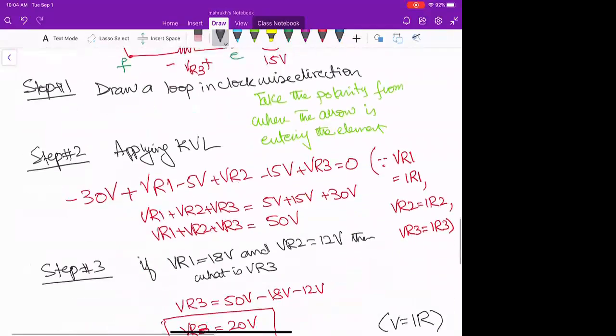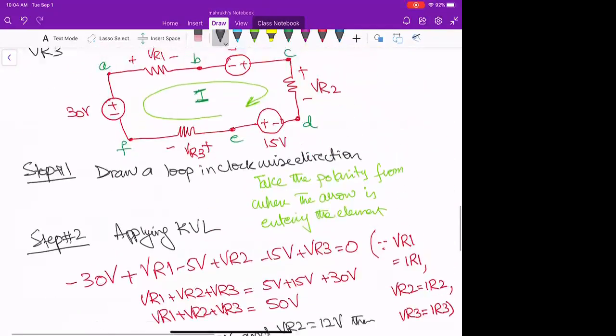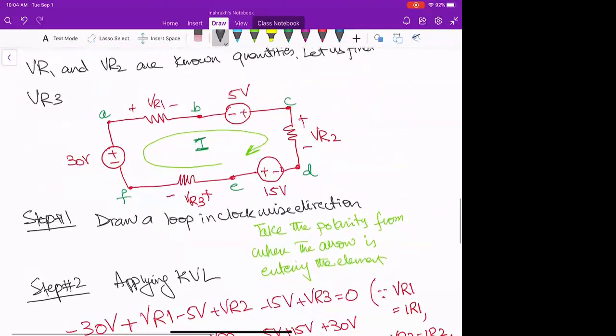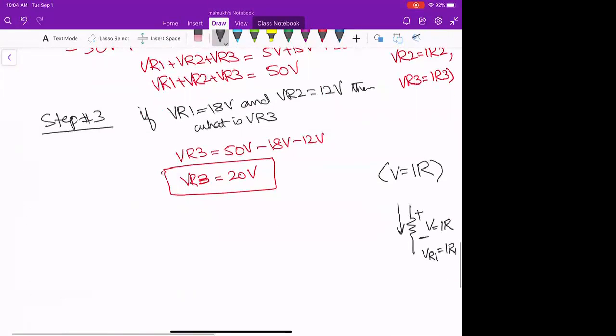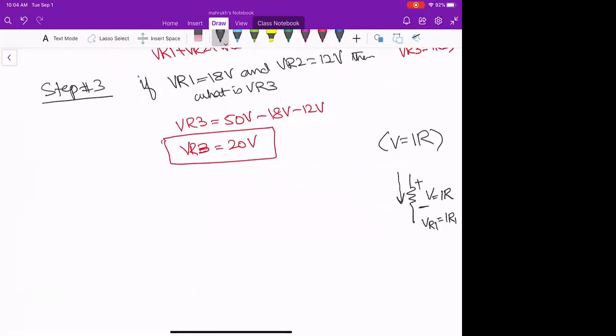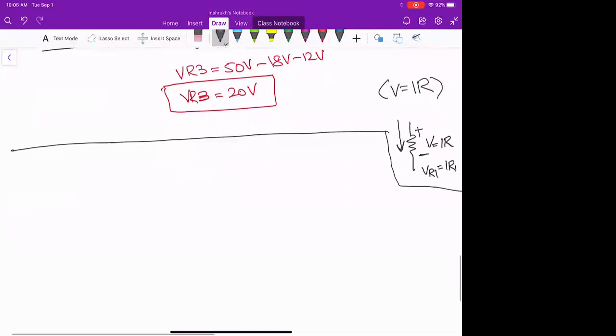So this is how I found the voltage. These VR1, VR2, and VR3 are just the references of voltages across R1, R2, and R3. Okay. So I will write another equation to make you comfortable.